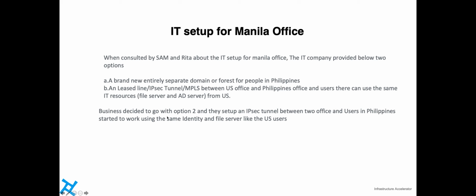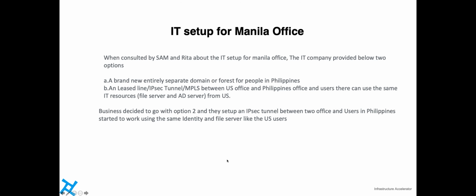Why not go ahead with option two, and set up an IPsec tunnel between the two offices, and users in the Philippines can start working using the same Active Directory and file server like the US users. That sounded perfect. And they went ahead and set this up, and the network connection got established. So now you have to kind of understand.